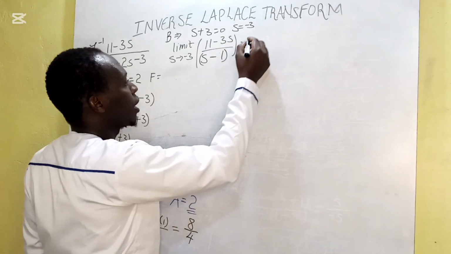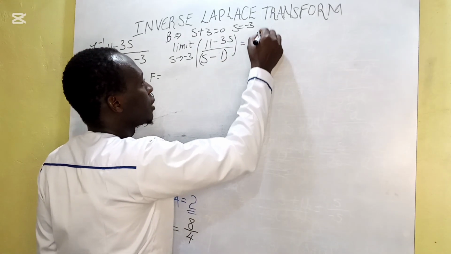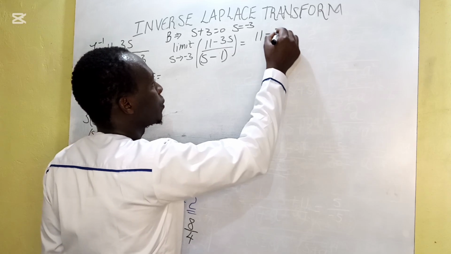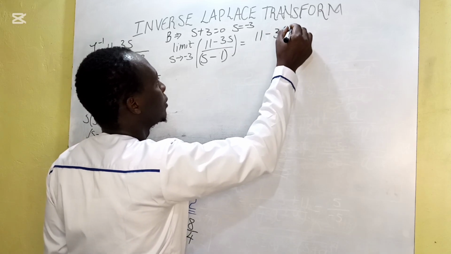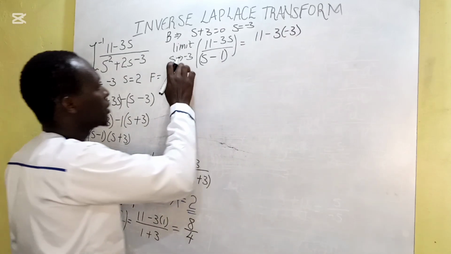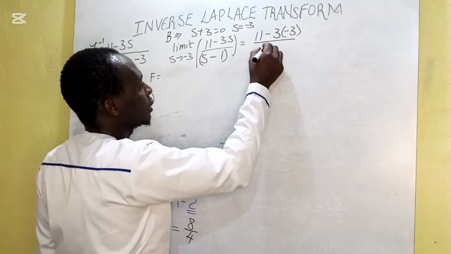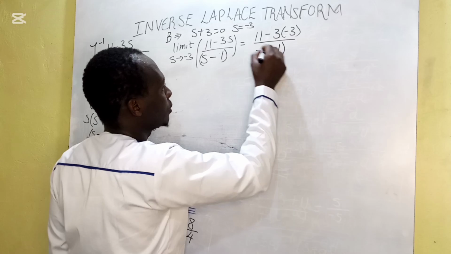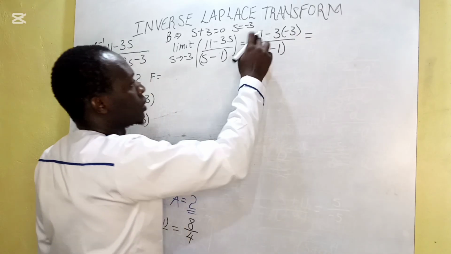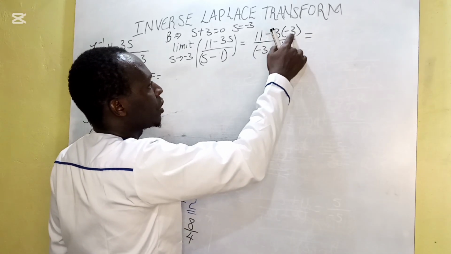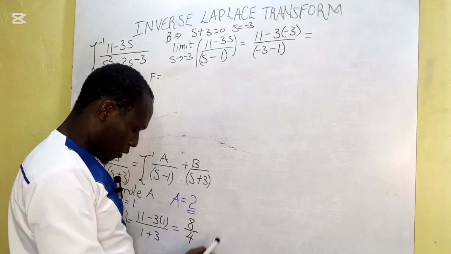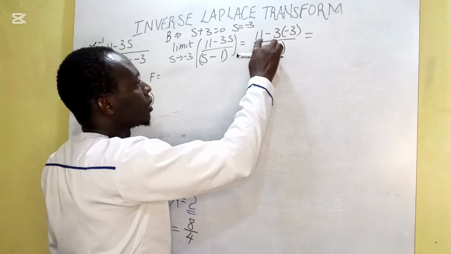Here we are going to have 11 minus 3 into negative 3, because that is the term of s, all over negative 3 minus 1.